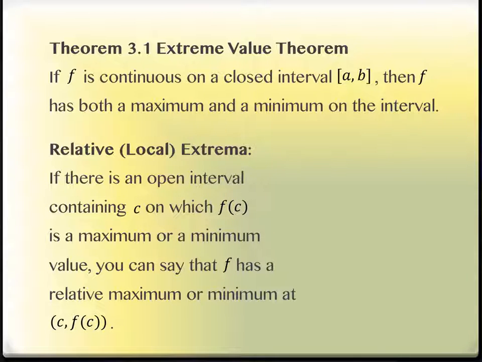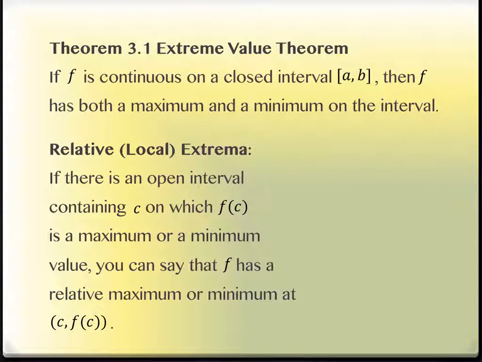Relative or local extrema. If there is an open interval containing c on which f of c is a maximum or a minimum, you can say that f of c has a relative maximum or minimum at c. Okay, so the difference between absolute and relative is that when you're talking about relative, you're looking at a close area around a particular point.